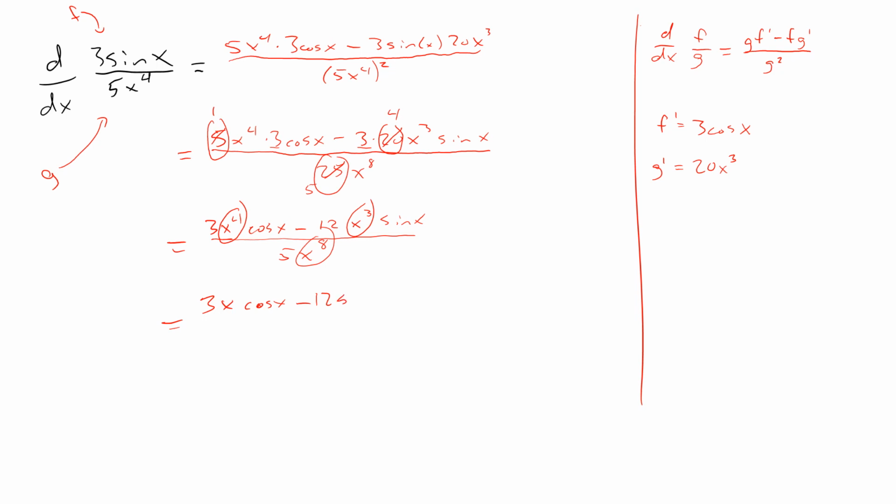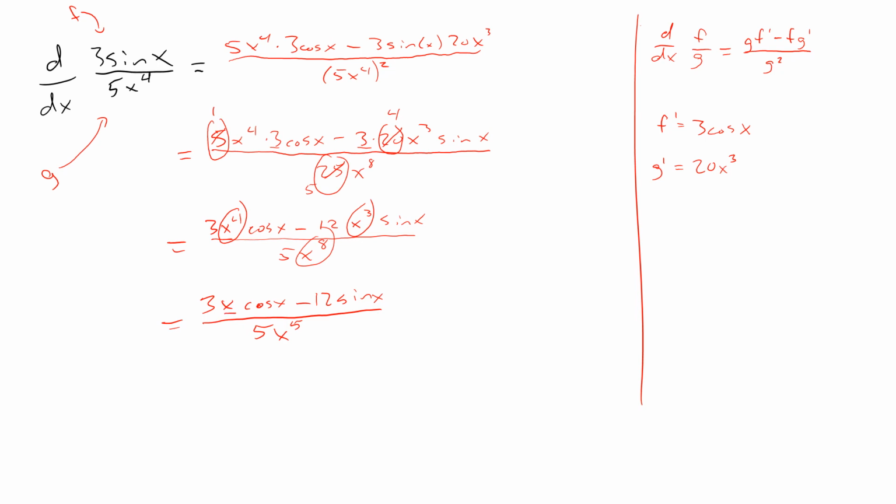And if I factor out an x cubed from the bottom, I'm left with x to the 5th. So when I reduce these, I have 3x cosine x minus 12 sine x, over 5x to the 5th.